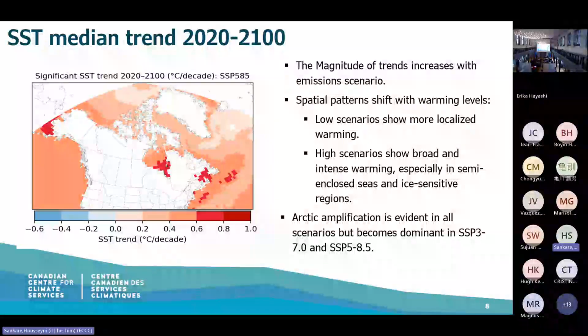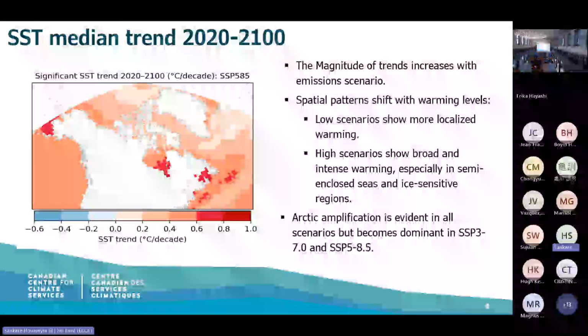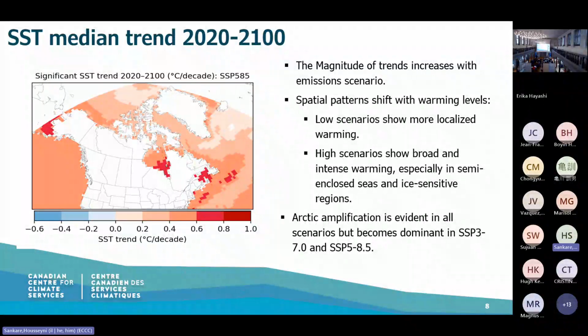You see here the magnitude of the tendency increases with the emission scenario. Also, the spatial patterns shift with the warming level. The low scenarios show more localized warming. For example, for SSP2-4.5 here, we see the warming ranging from 0.2 to 0.4 per decade.